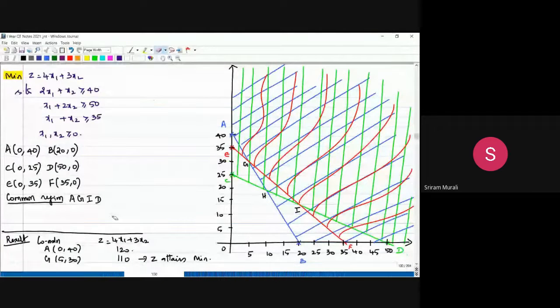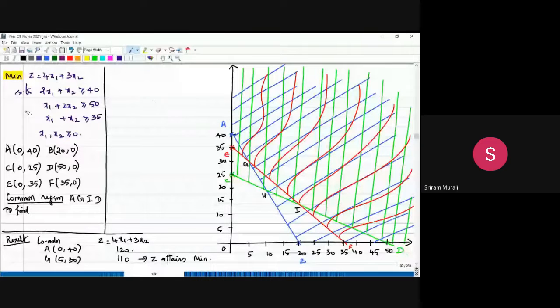So we have to find these 2 points of intersection, G as well as I. To find G, how do we solve? Which lines am I supposed to take? One is AB, and the other is the last line.